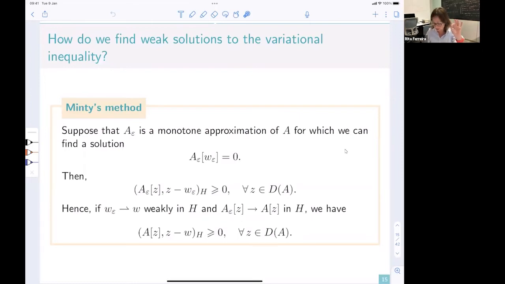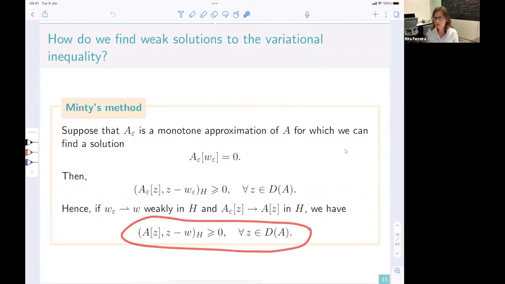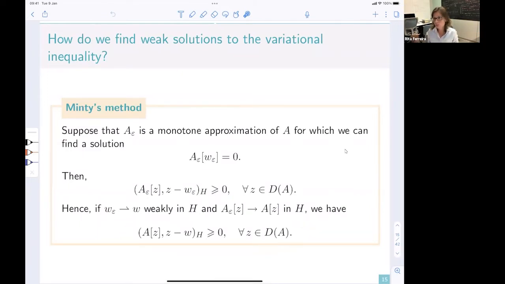So for a fixed z in the domain of the operator, we have a pointwise convergence. Then we can just pass this inequality to the limit, as strong-weak. And then what we retrieve at the end is a weak solution, a solution to the weak variational inequality with respect to the original operator.